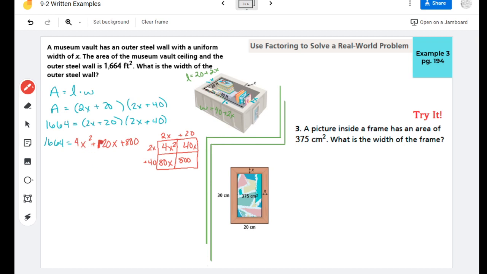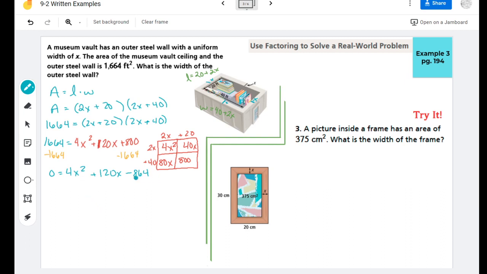Now when we have an equation that's written in standard form, we need to go ahead and move this over to the other side as well so that it's set equal to 0. Alright, so I'm subtracting 1664 from each side. So now my equation is 0 equals 4x squared plus 120x minus 864.